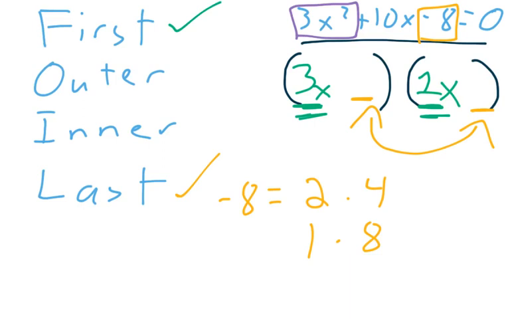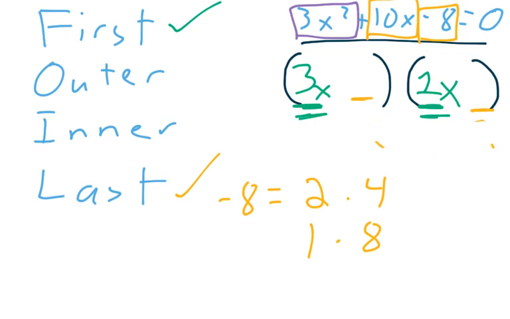But what we also think about is what numbers can we add together to get 10 as well? So, to get this number 10 that's here in the middle, we multiply the outer numbers and the inner numbers.